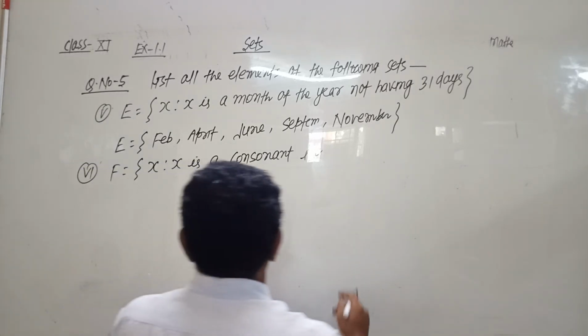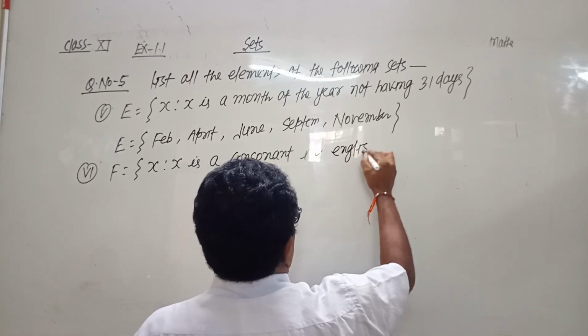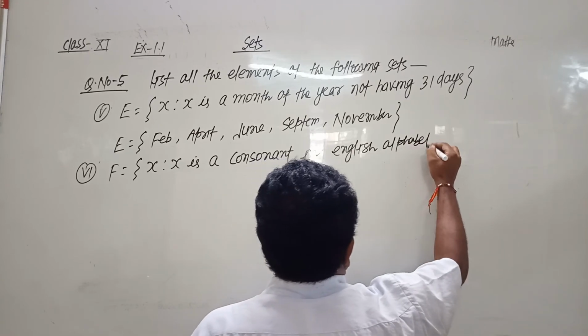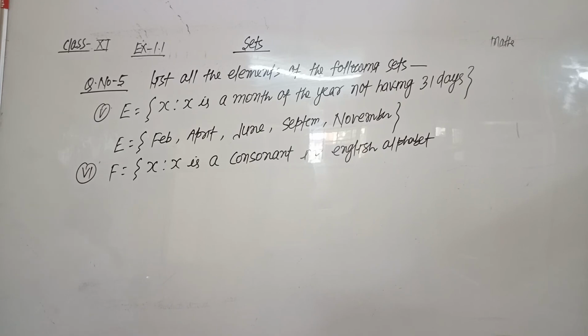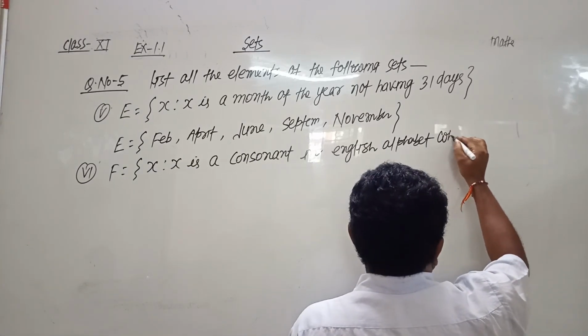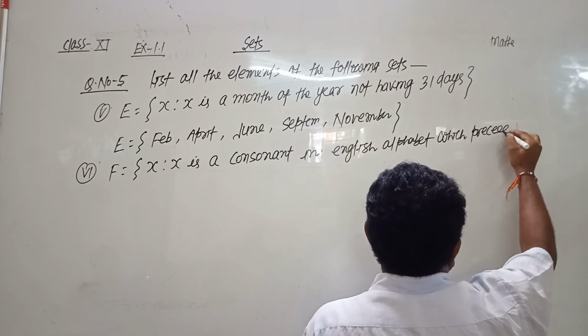We have to list the consonants in the English alphabet which precede K.